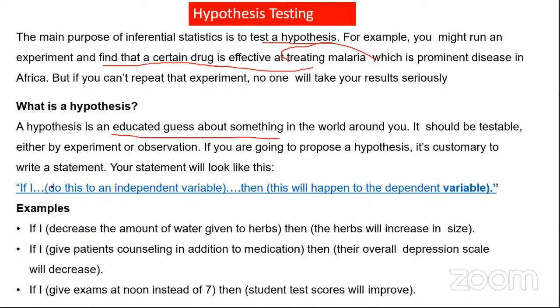If I do this to the independent variable, then what happens to the dependent variable? Remember, we earlier indicated that the independent variable is the variable we manipulate, a variable we have control over, to alter into different levels and see.